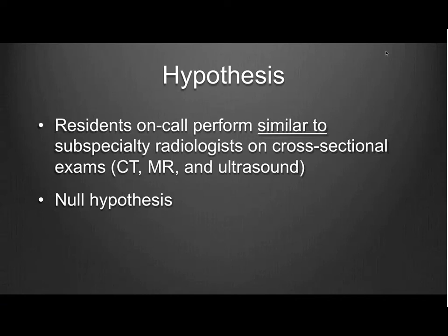Versus taking that same approach and doing a directional one, saying residents on call perform inferior to subspecialty radiologists on cross-sectional exams. That's a way you can take it, depending on how you want to pursue your study. It's important to develop your hypothesis first, before you do the study. Don't develop your hypothesis afterwards.